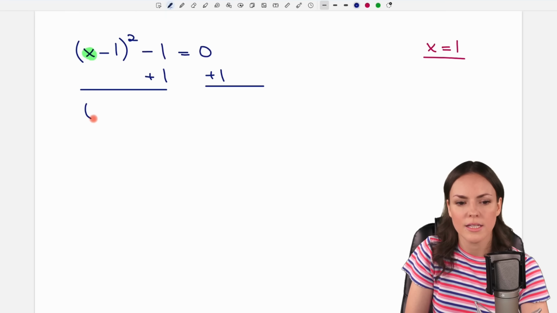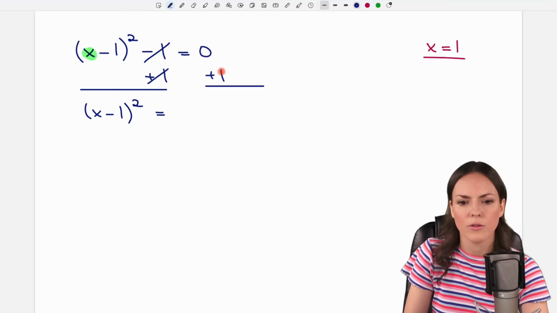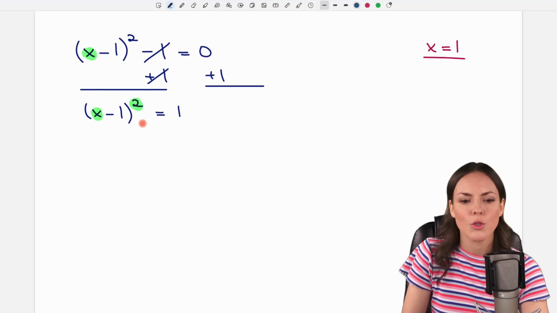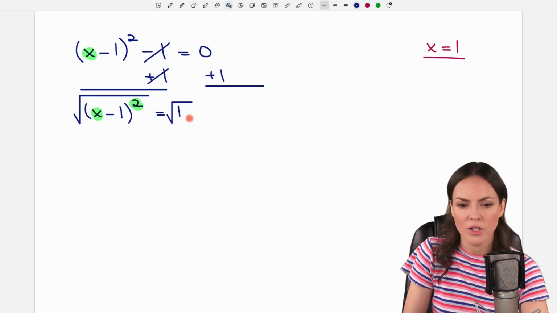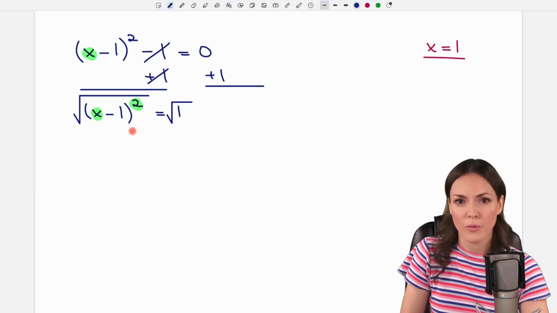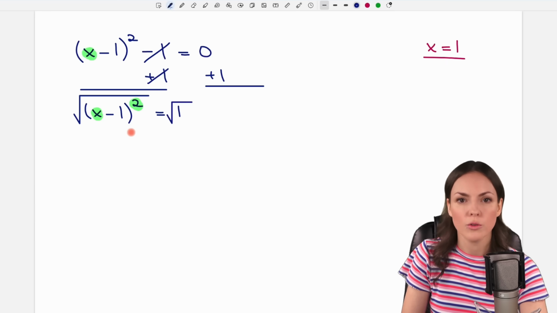Then these parentheses are left on the left side. This cancels out. And on the other side, 0 plus 1 equals 1. Now, to solve for x, we have to get rid of the square here first. So we take the square root on both sides of the equation. We just have to remember that we're going to get 2 solutions then.